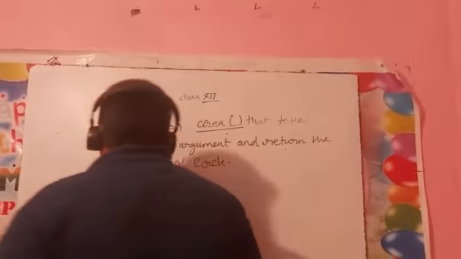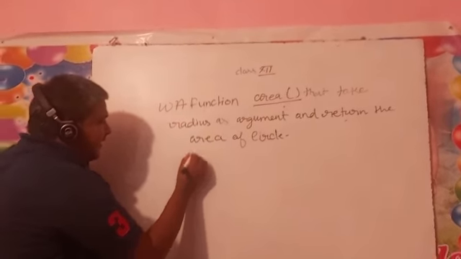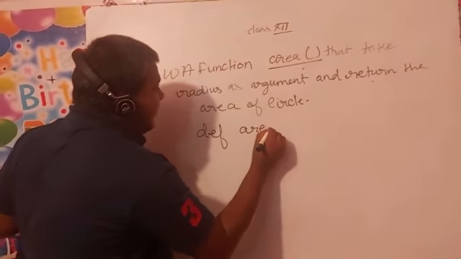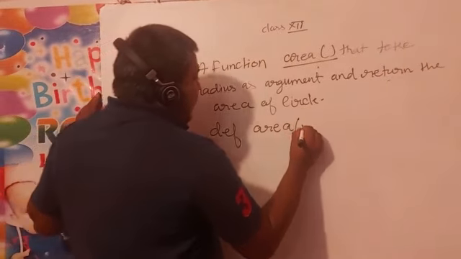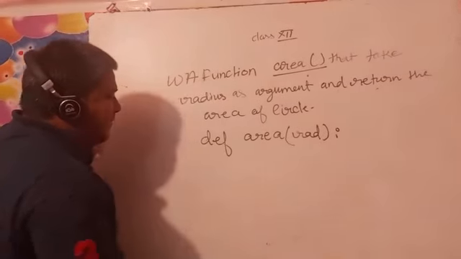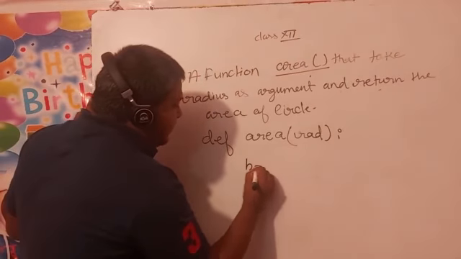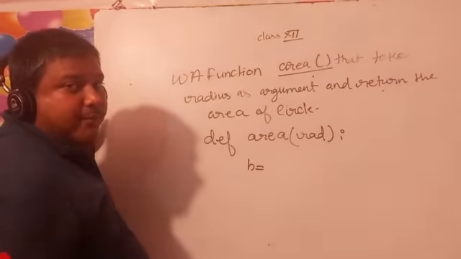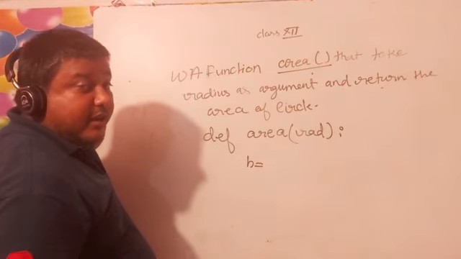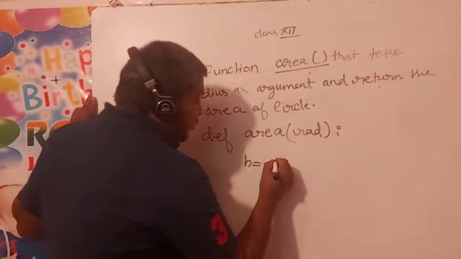So how will we write the code? We will write def area and take one parameter, radius. Then b is equal to the formula pi r square to calculate the area of the circle. What is the value of pi?